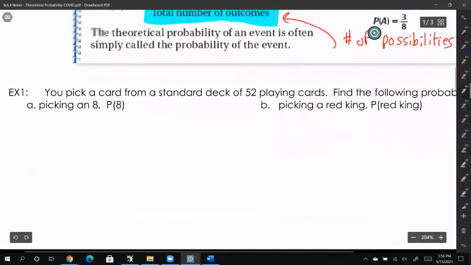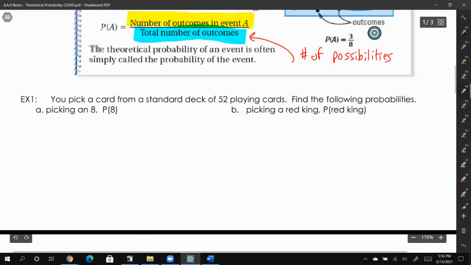So let's look at some examples down here that have to do with a deck of cards. And I have a tool that will help us with this. So you pick a card from a standard deck of 52 playing cards. Find the following probabilities. So finding the probability of picking an 8. And this part right here is just an abbreviation, P for probability of picking an 8.